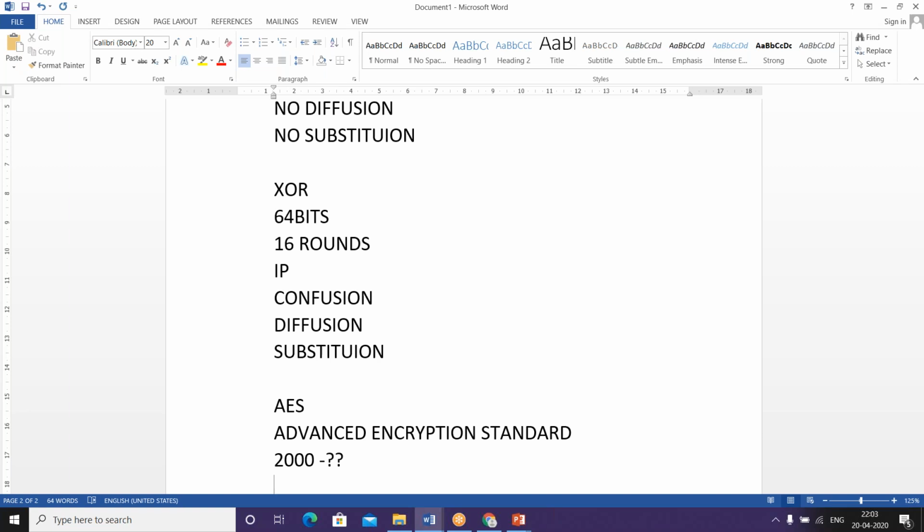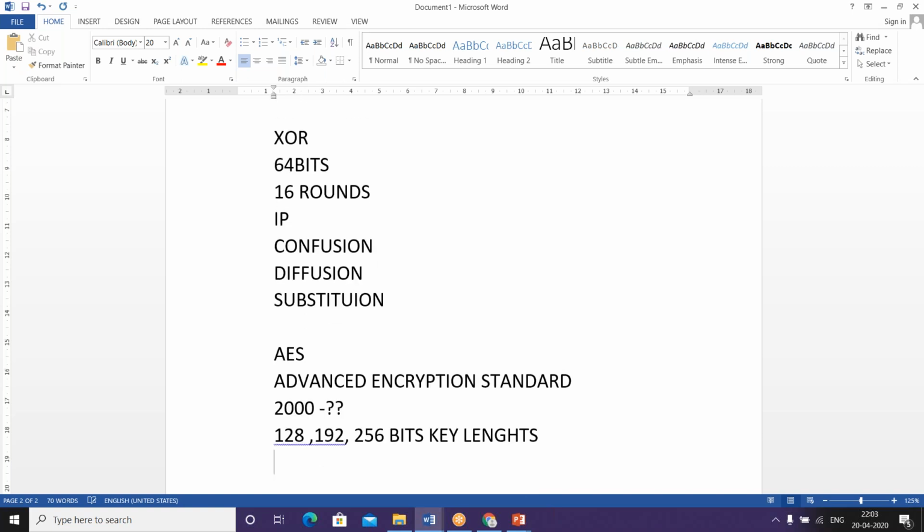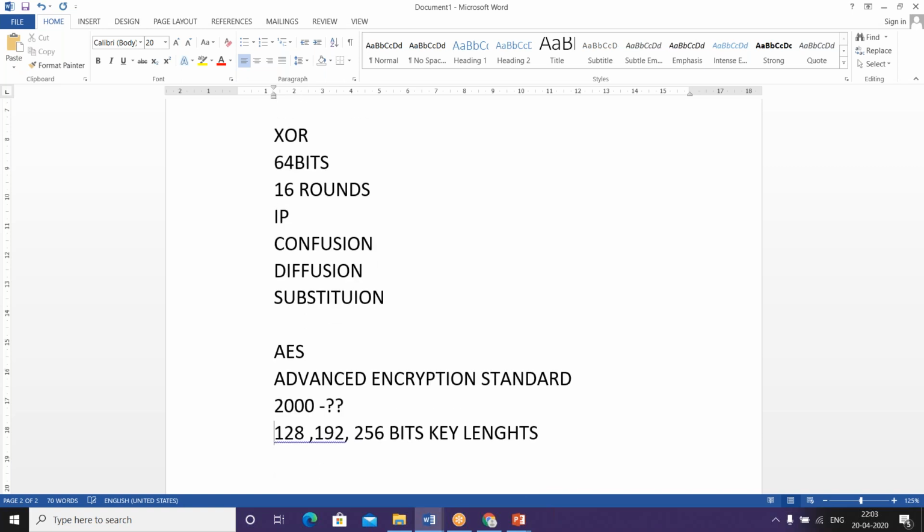But the main advantage here is it has 128, 192, 256 bits key length. Fine. So these two algorithms we are going to see in forthcoming classes. Now, if you have any doubt, you can ask me.